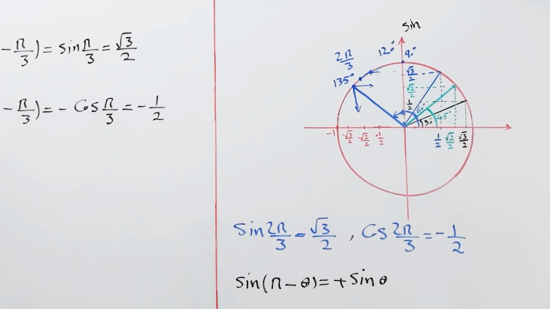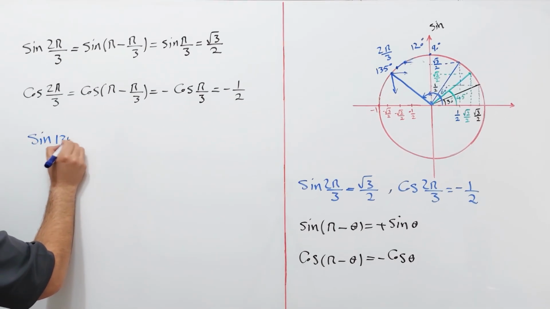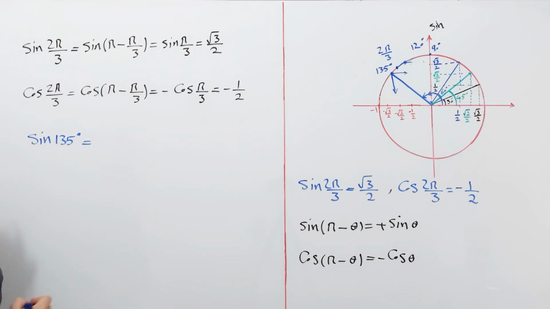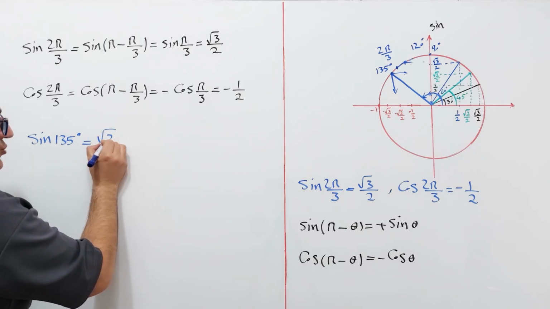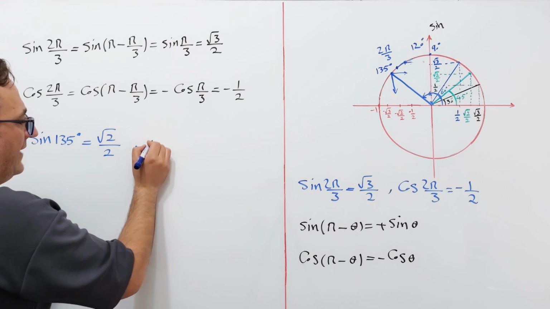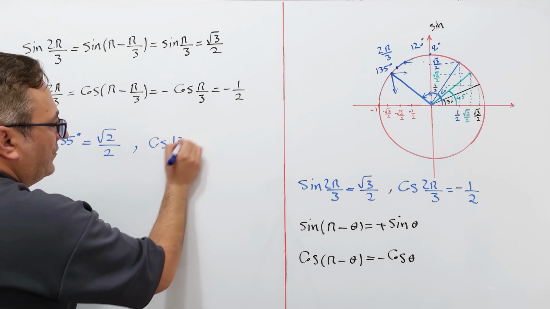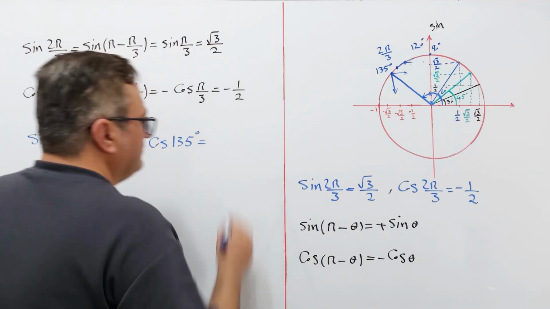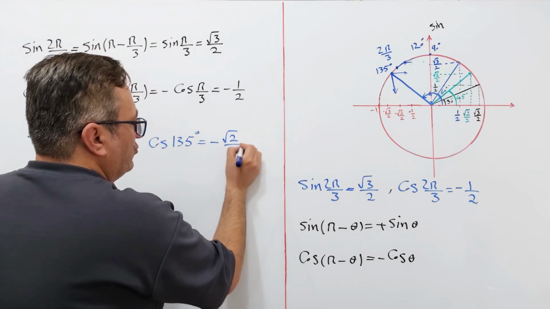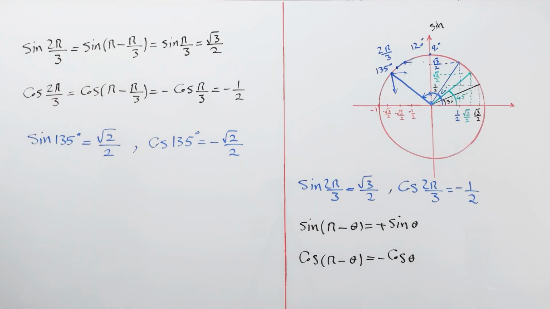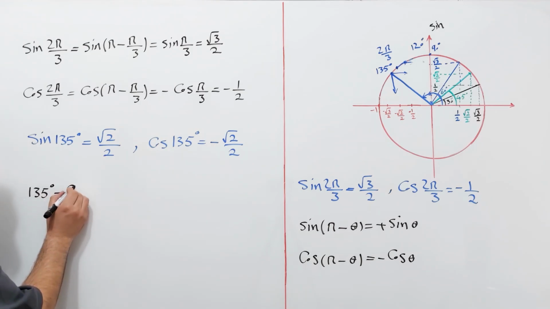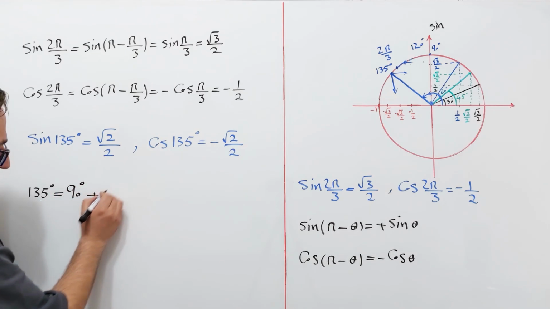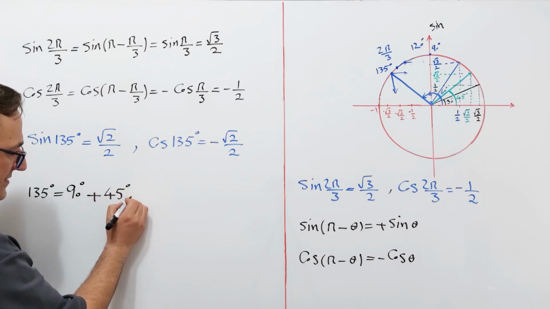So, sine of 135 degrees is equal to the square root of 2 over 2, and cosine of 135 degrees is equal to minus the square root of 2 over 2. And if I say 135 degrees is equal to 90 degrees plus 45 degrees.